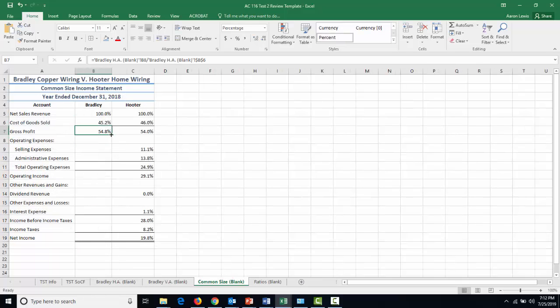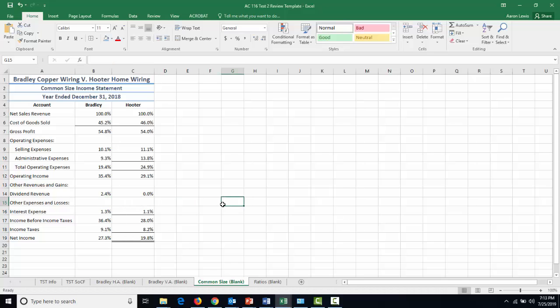We come up with 54.8%. From here we can use the fill handle because everything's copying down, and look at that, we get all of our percentages. So if we delete out all these zeros that we don't need on the header lines, we have a fair way to compare Bradley's numbers to Hooter's numbers.